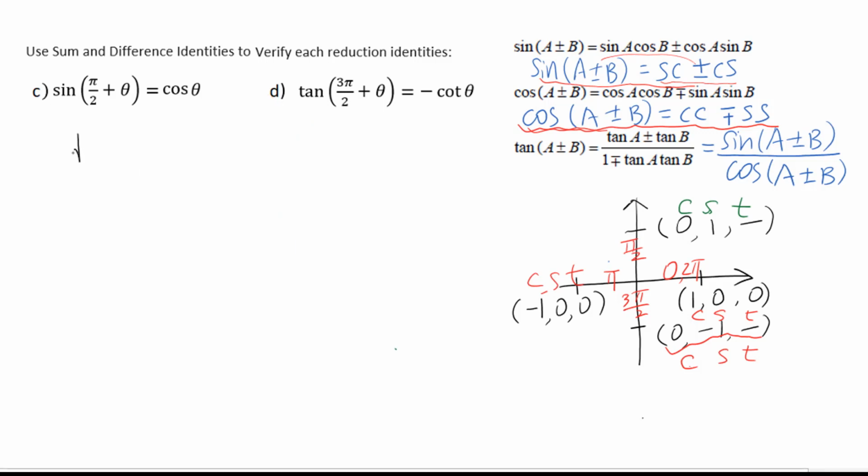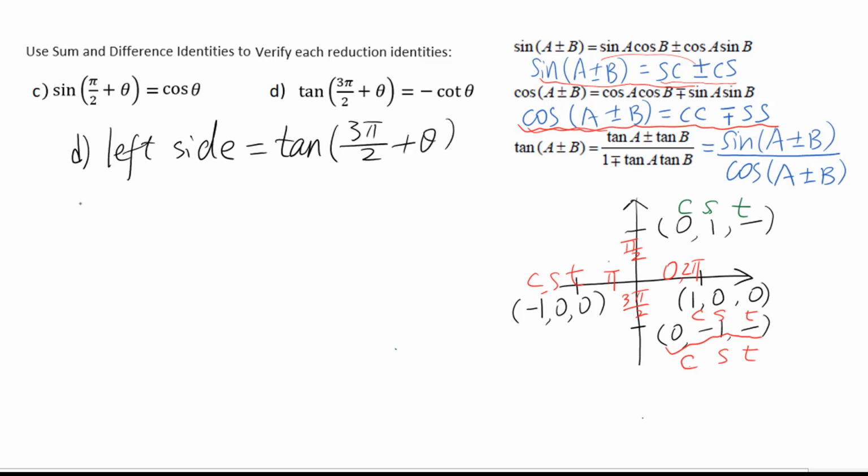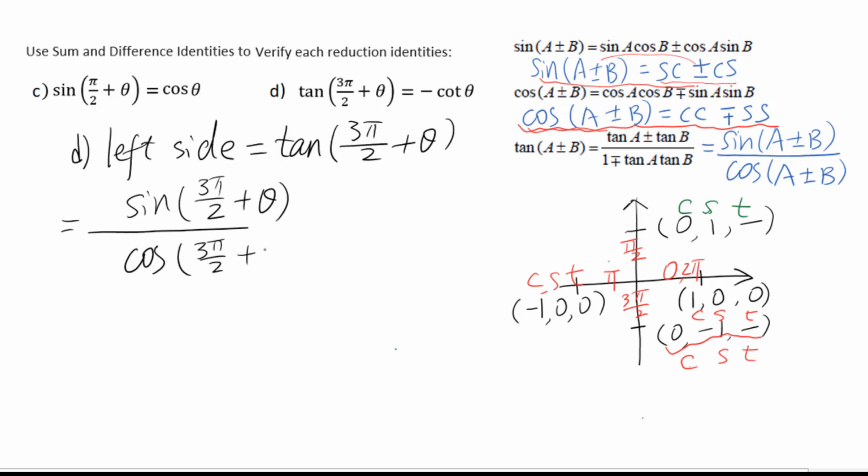Let's go to D. For the left side, equals tangent 3 pi over 2 plus theta. We will change into sine 3 pi over 2 plus theta over cosine 3 pi over 2 plus theta. For sine 3 pi over 2 plus theta, you will get SC plus CS.